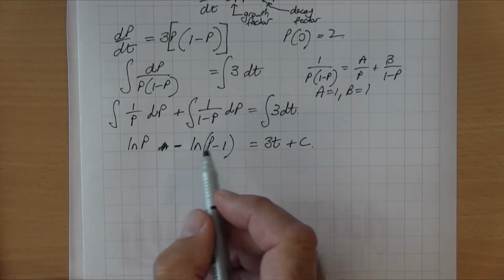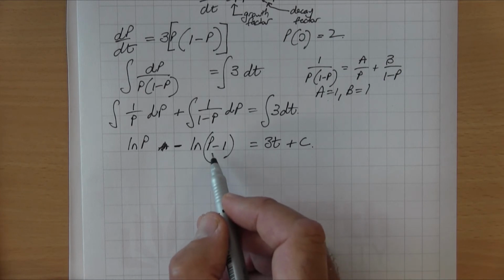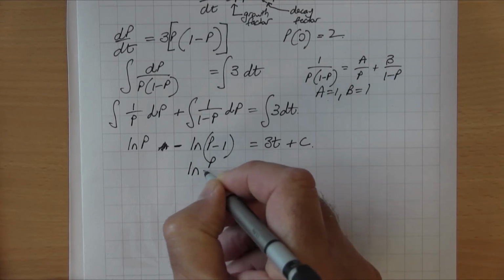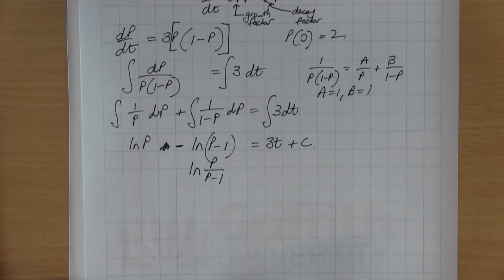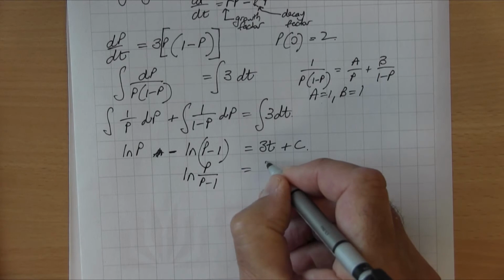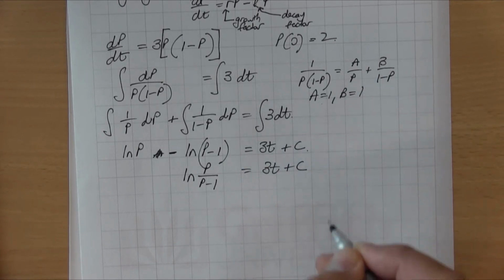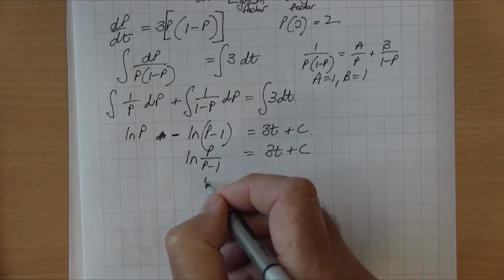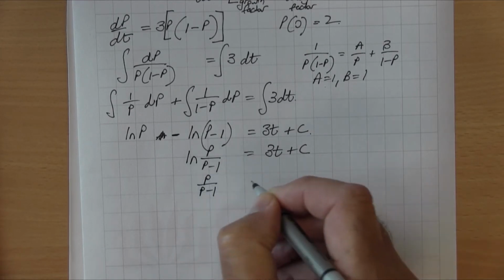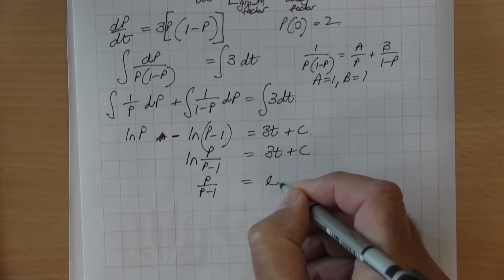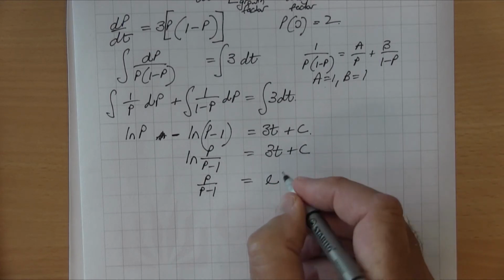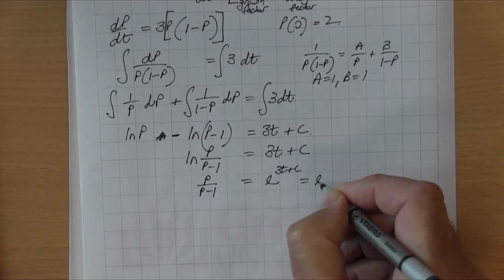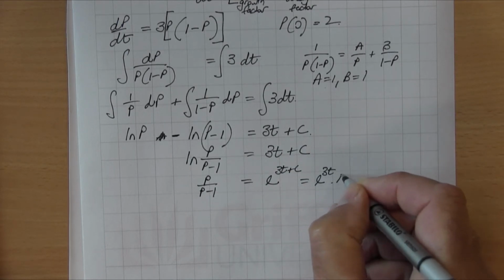Okay, so we've got ln p minus ln of p minus 1. When we're subtracting logs, we divide. So that'll be ln of p over p minus 1 is equal to 3t plus c. We can take exponentials of both sides, and we get p over p minus 1 equals e to the 3t plus c, which will be e to the 3t times e to the c.